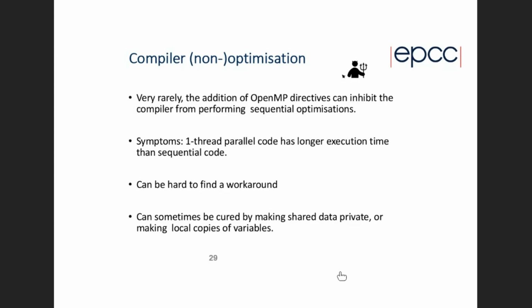So instead of using something that's passed through as an argument to a routine which the compiler doesn't know very much about, making an explicit local copy and using that inside your parallel loop can sometimes help. But in general, it's quite hard.